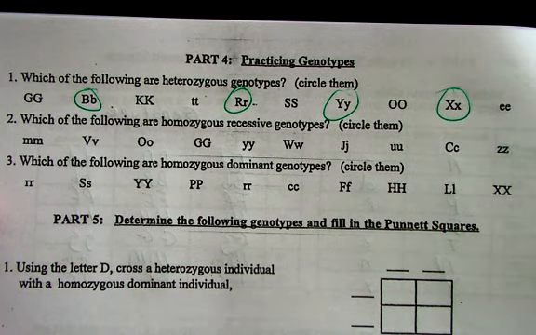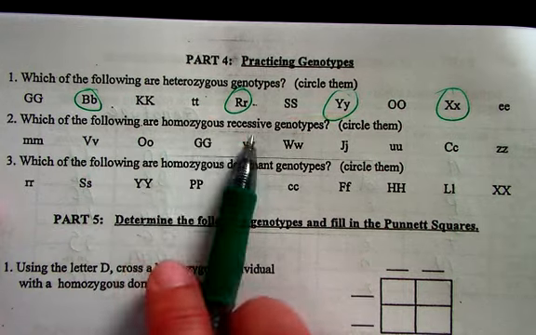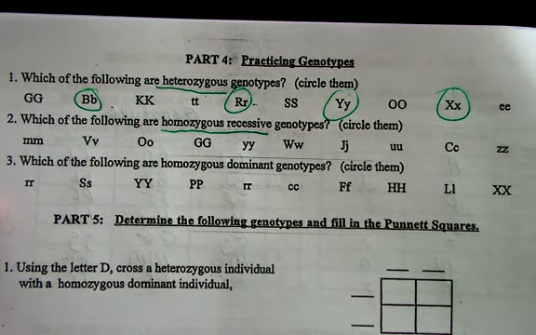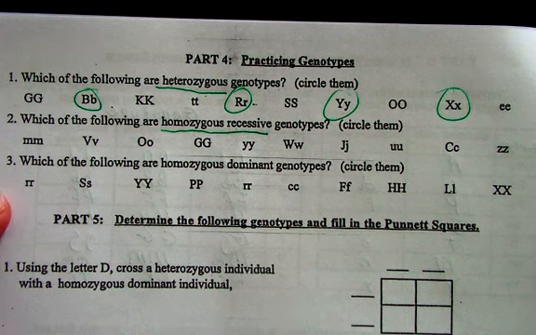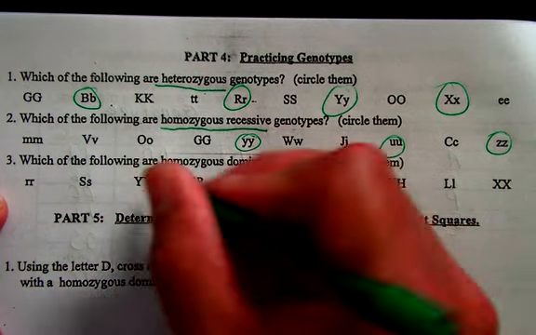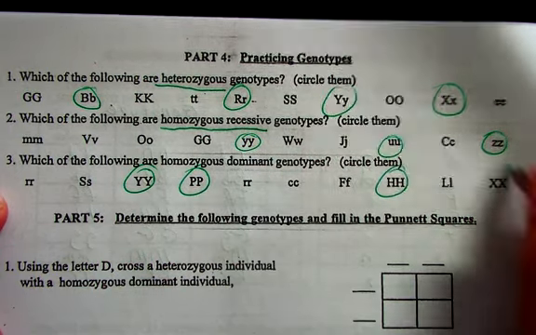The next one is, which ones are homozygous recessive? Those are lowercase, the same lowercase. So we've got this one, and this one. And then the next one is, which ones are homozygous dominant? Those are the capitals. They're both the same, uppercase. So it looks like that.